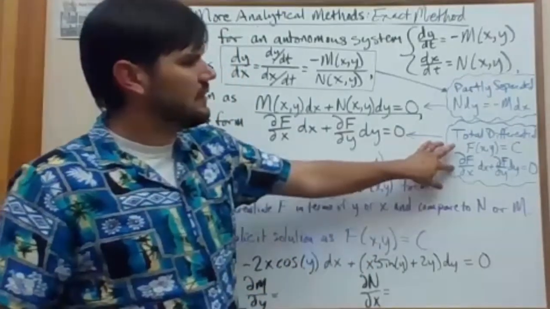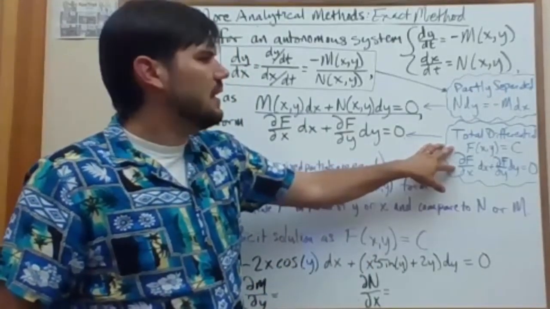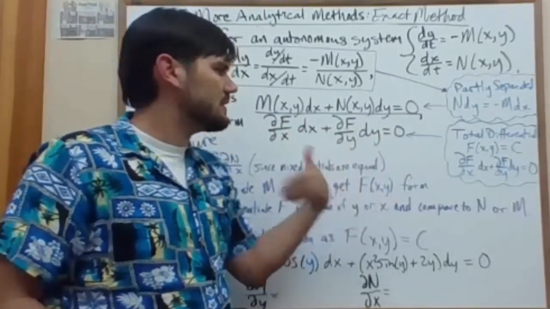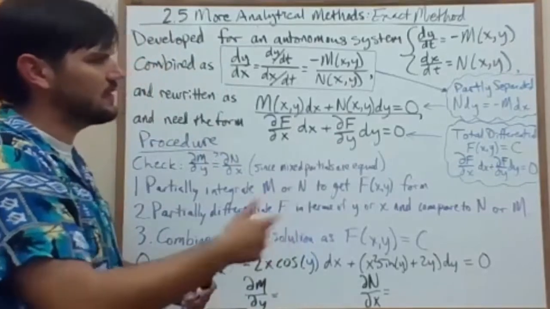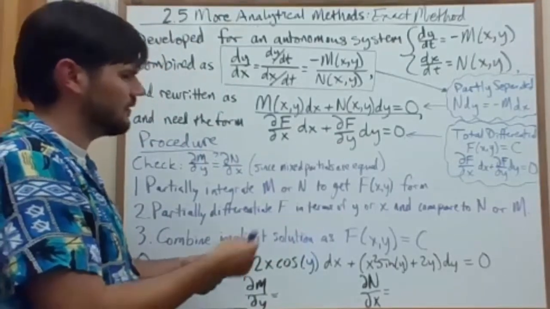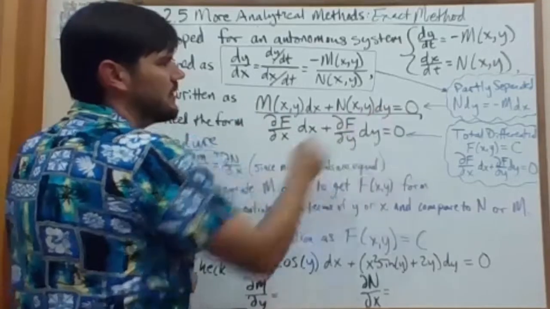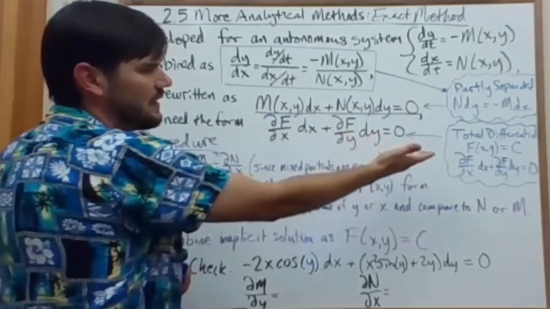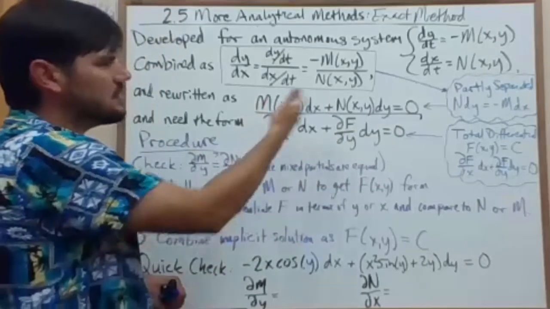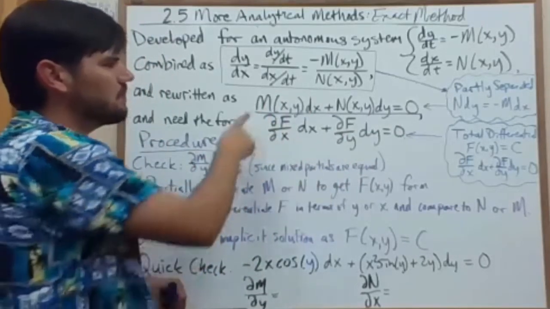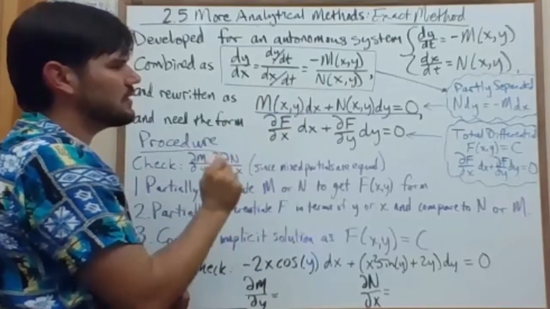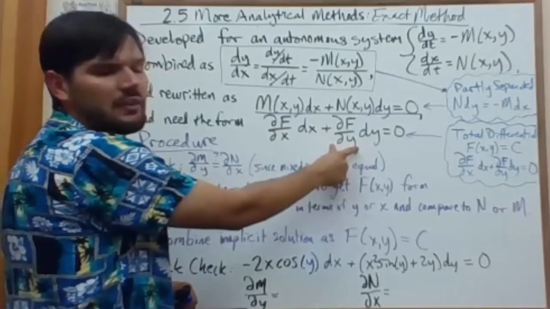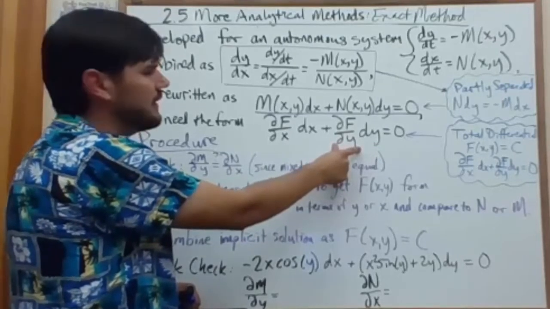Now this idea is covered a lot more in Calc 3, but we're using some ideas from it in this class. So let's look at how it corresponds. We have a total differential in terms of m and n. And from the f form of it, m and n should correspond to the partial of f with respect to x and the partial of f with respect to y.